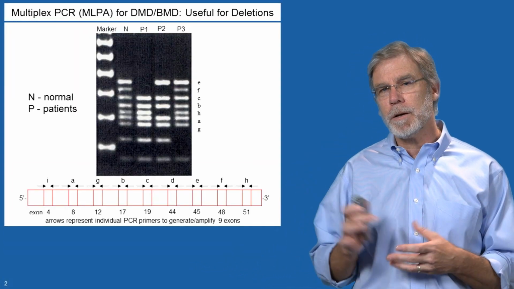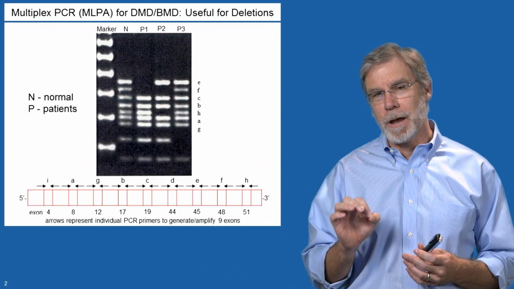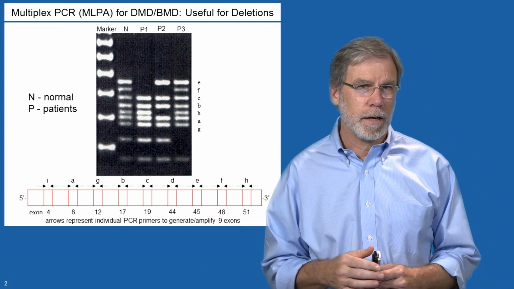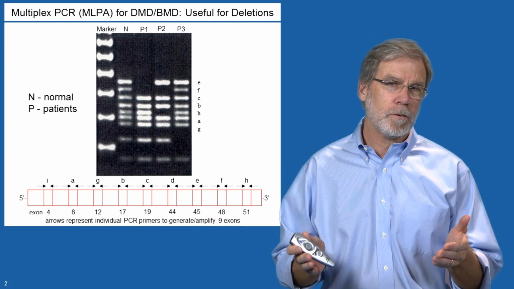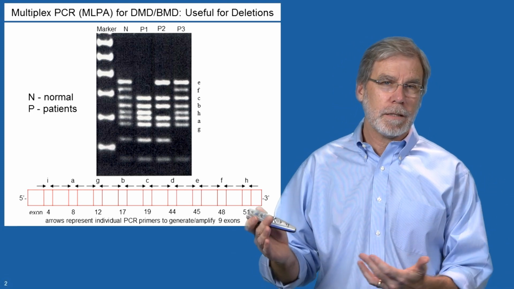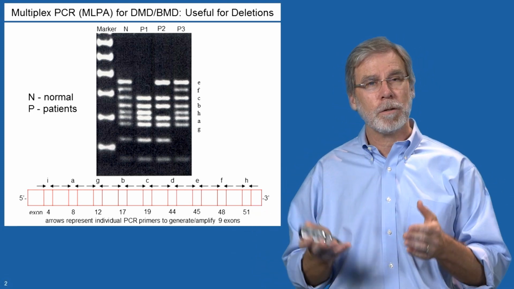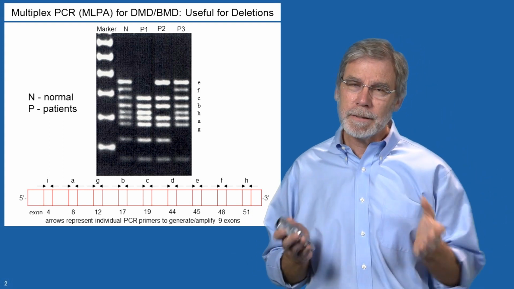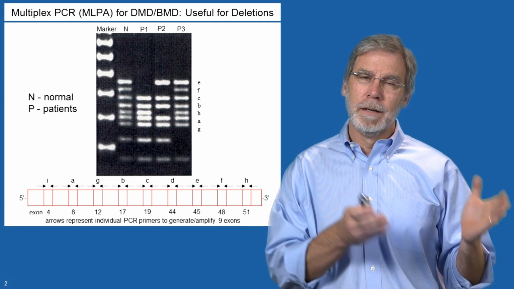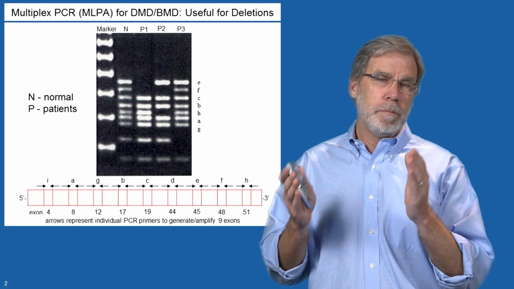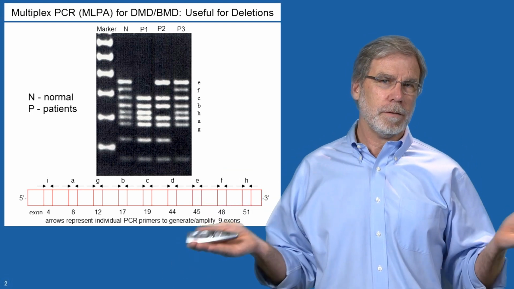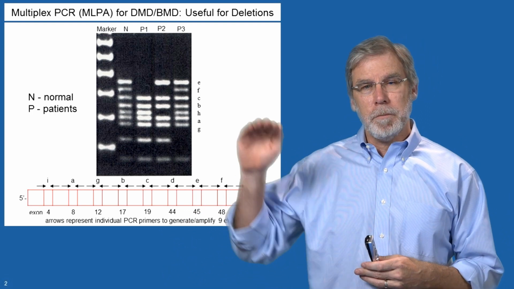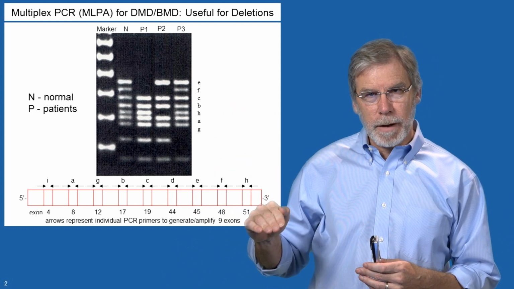What I'm showing here is a multiplexed PCR reaction for Duchenne muscular dystrophy or Becker muscular dystrophy diagnosis. And this is incredibly useful for deletion or duplication testing. It is typically performed in clinical laboratories as a technique called multiplex ligation-dependent PCR analysis, also known as MLPA, which is simply a term to say I can run multiple different independent PCR fragments.